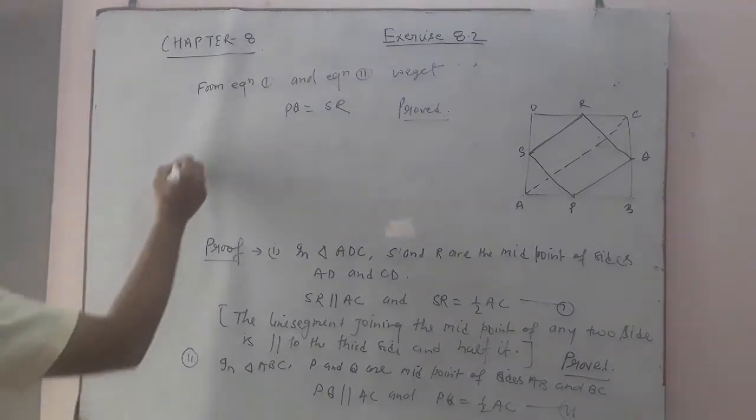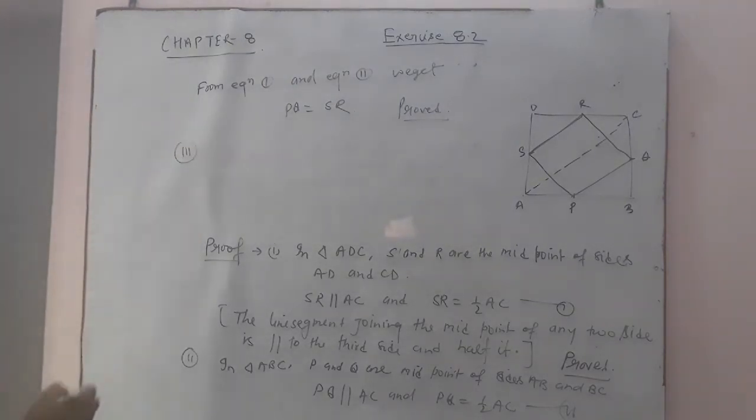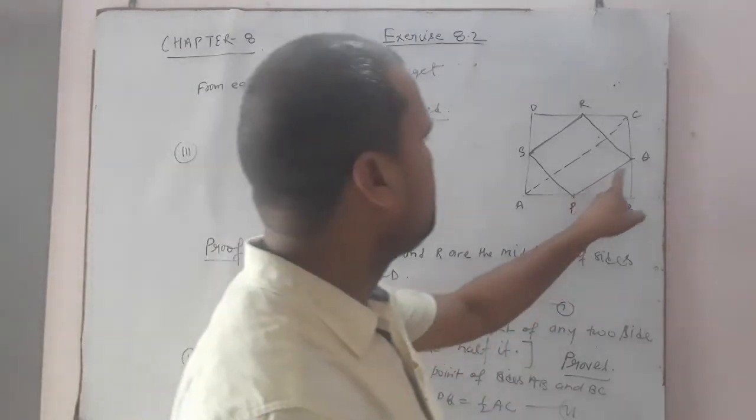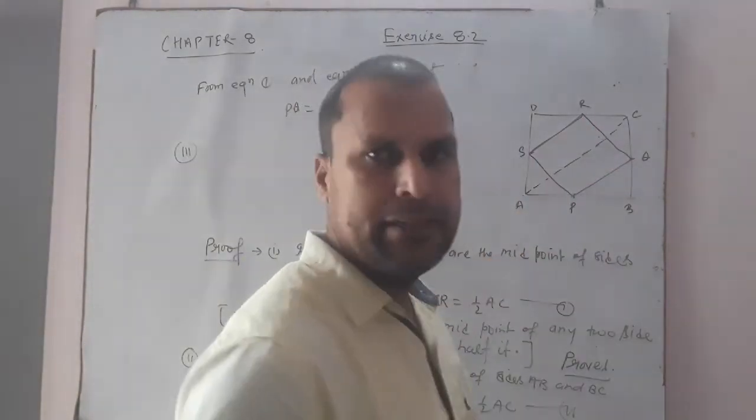Now the third. Third is to show that PQRS is a parallelogram.